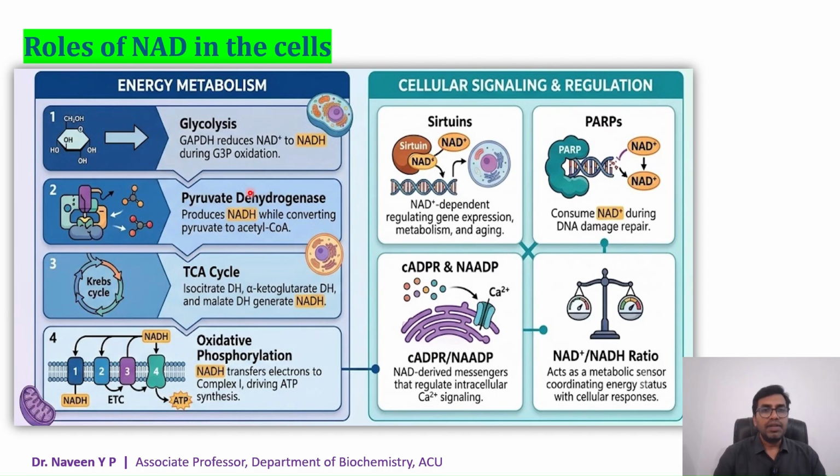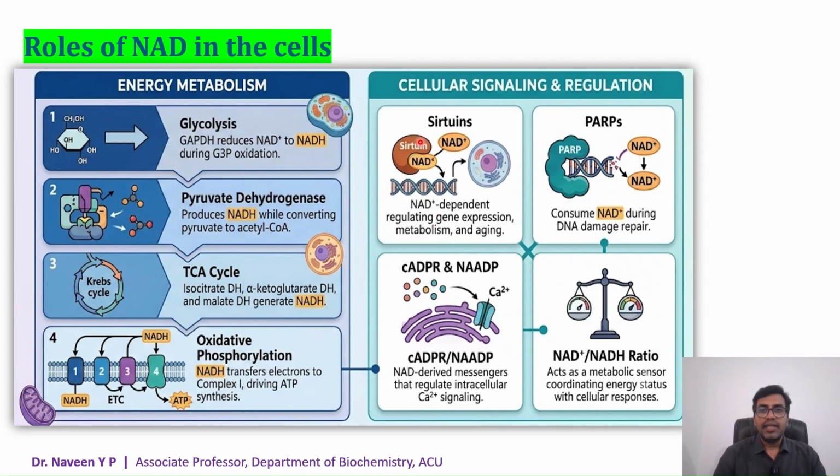And then along with serving as an important component of energy metabolism, NAD is also part of various regulatory enzymes, mainly the sirtuins. Sirtuins utilize NAD because they are NAD dependent deacetylases.